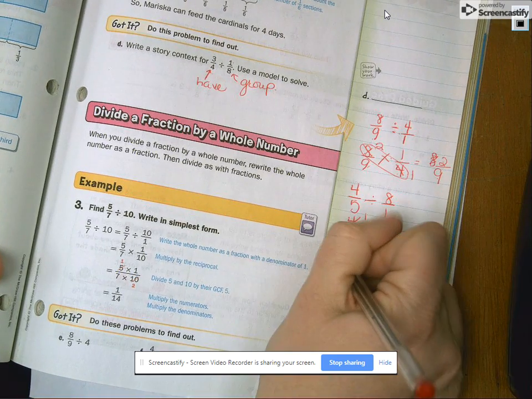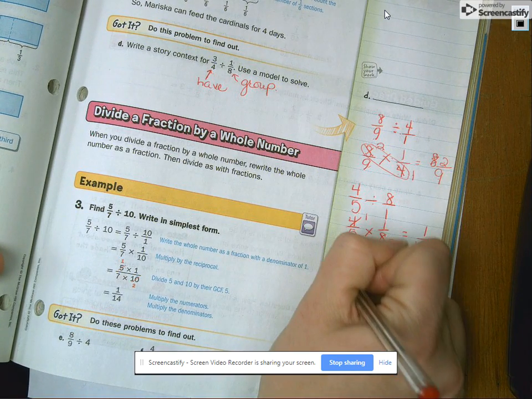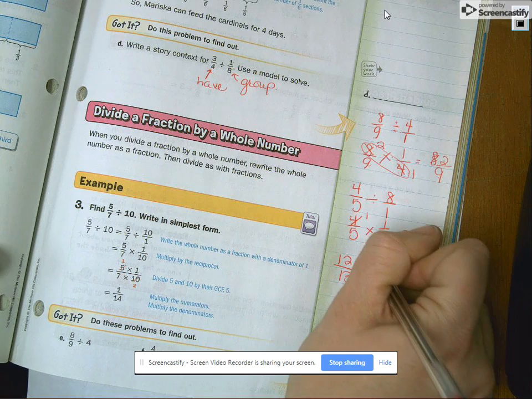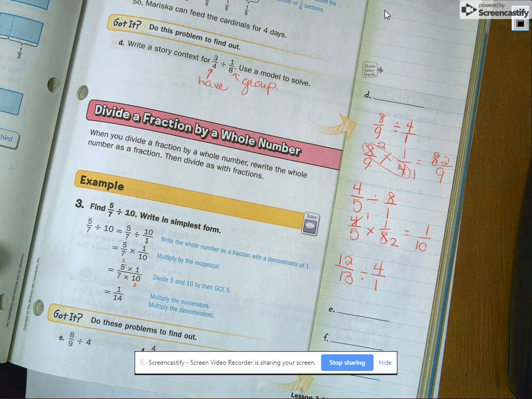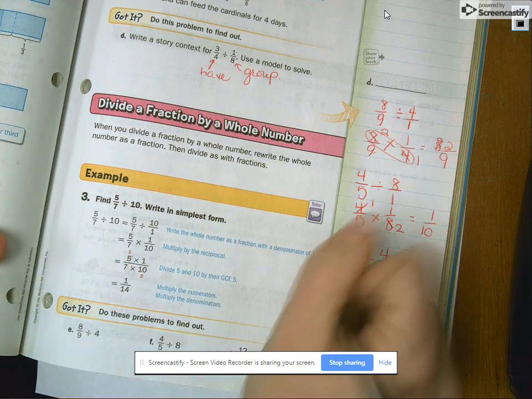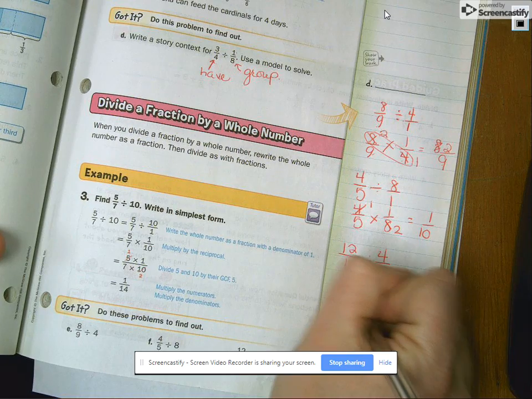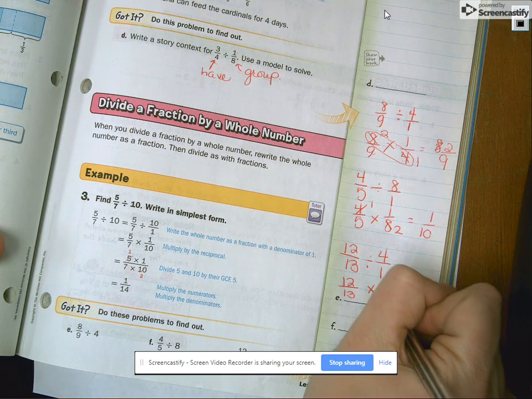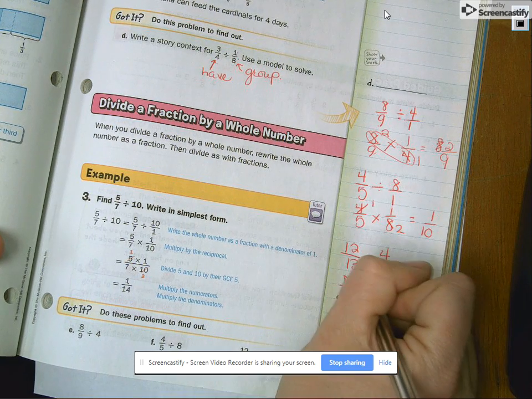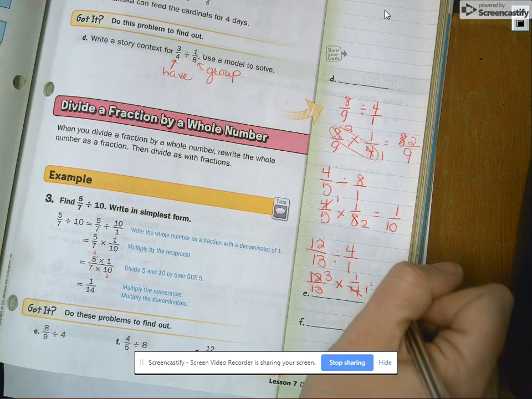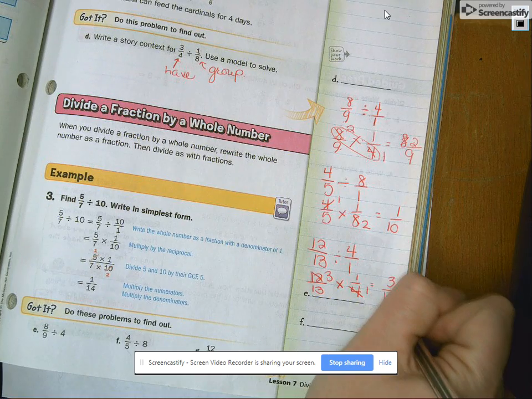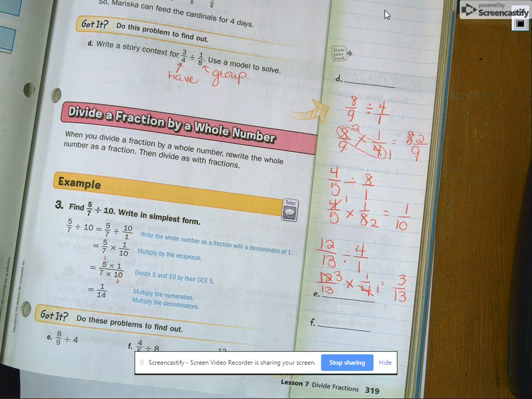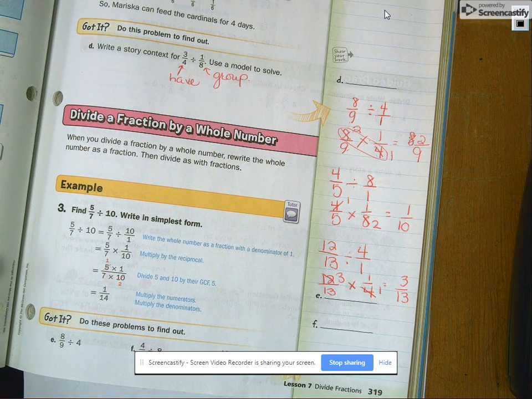Next, I have 12/13 divided by 4/1. Again, keep, change, flip. And so this is 3/13. Again, pause the video if anyone has any questions.